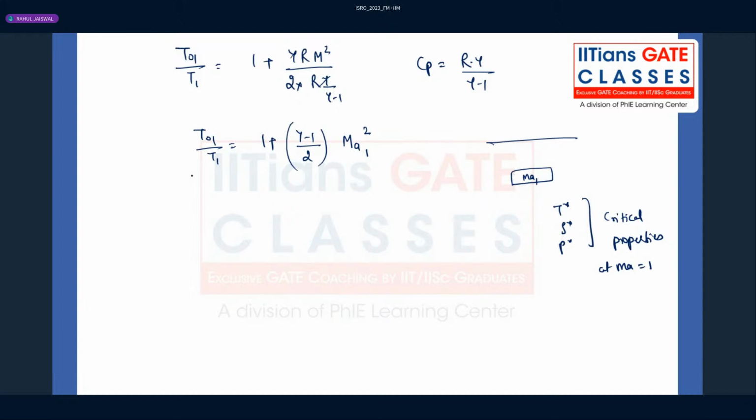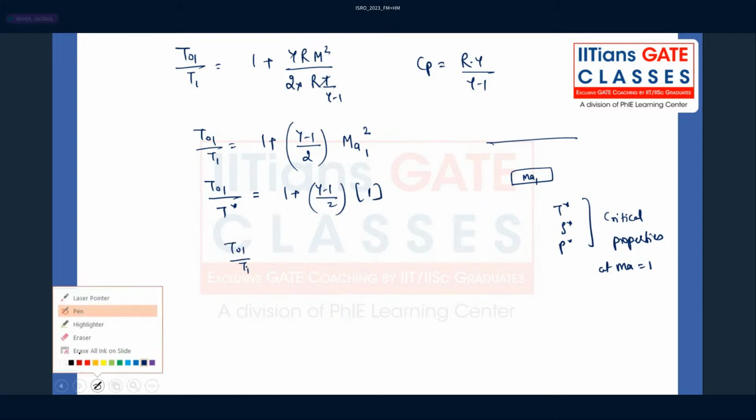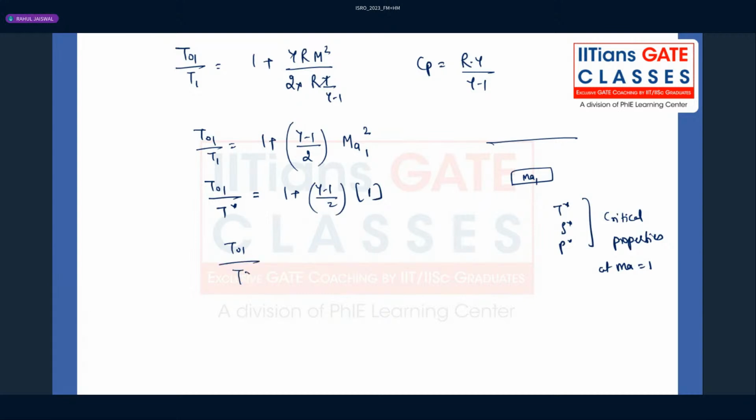Now, when you calculate T0 by T star, the Mach number should be 1, so it is 1 plus (gamma minus 1) by 2 into 1 square. T0 divided by T star will be gamma plus 1 divided by 2. Getting my point? This is the value we got.